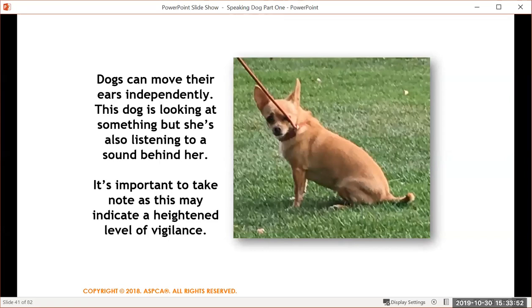In this picture, the dog is looking at one thing, but she's listening to something behind her. That can be important to note because it might be an indication that this dog is on a higher level of arousal. He's vigilant to something. So again, important to just take note of these things.